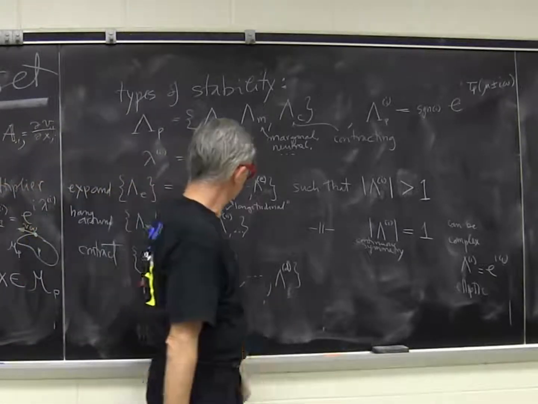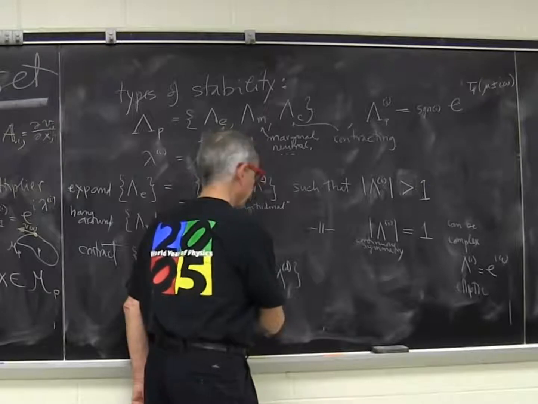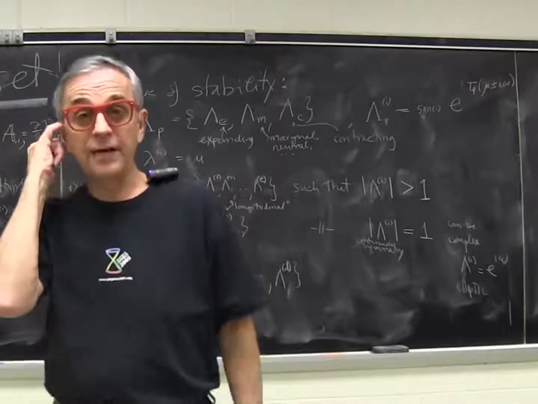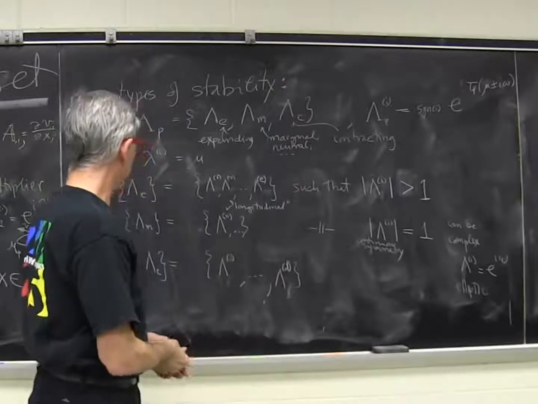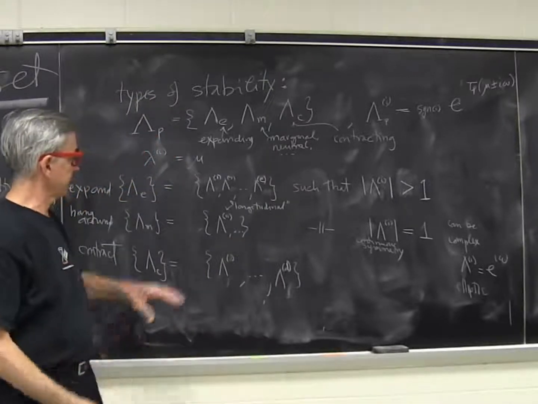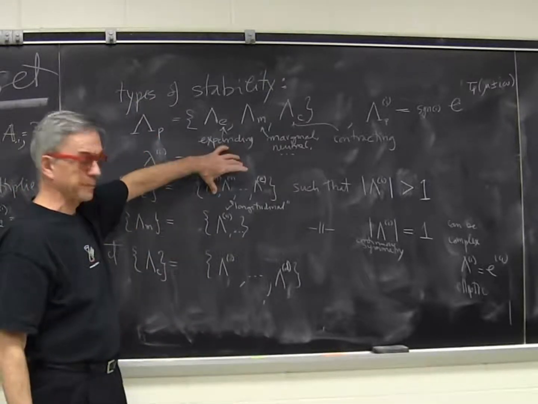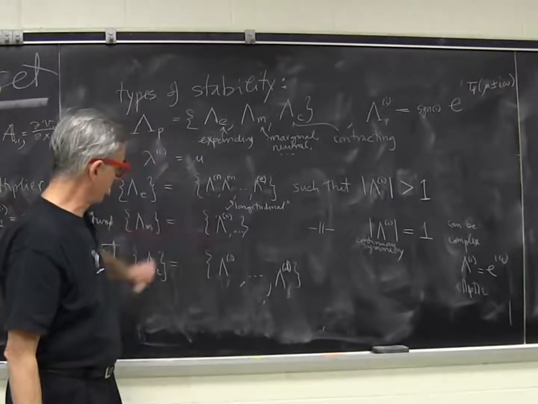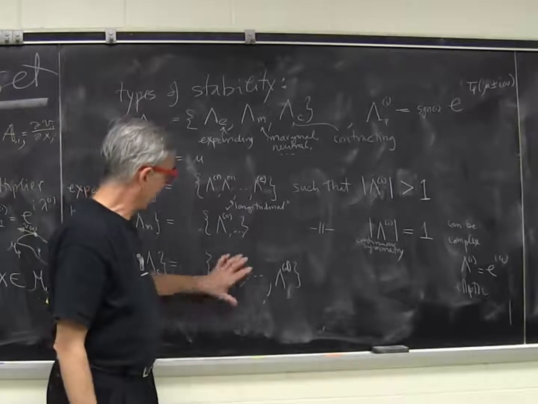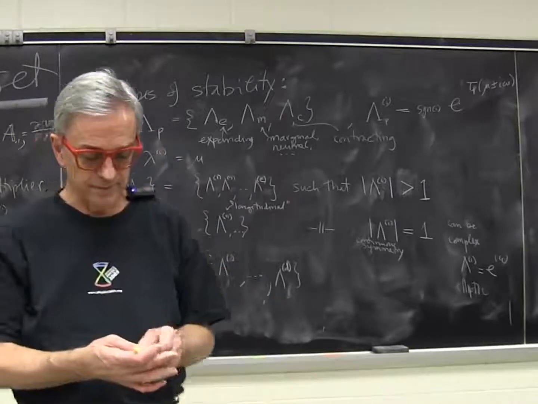The contracting ones, sweetly enough, we don't actually mind if there are even infinitely many contracting ones. So the theory that I'll develop for you works as long as there's a finite number of expanding ones and a finite number of marginal ones and any number of contracting dimensions.